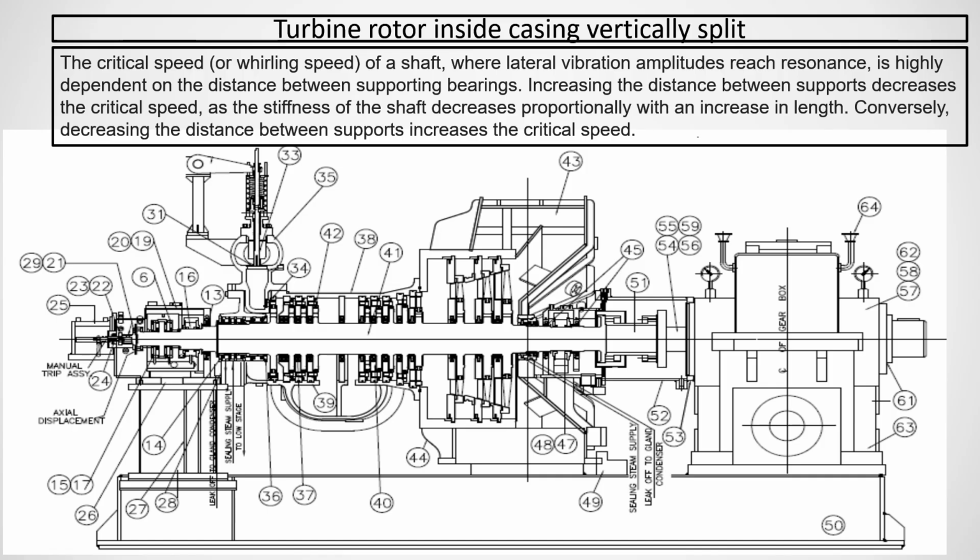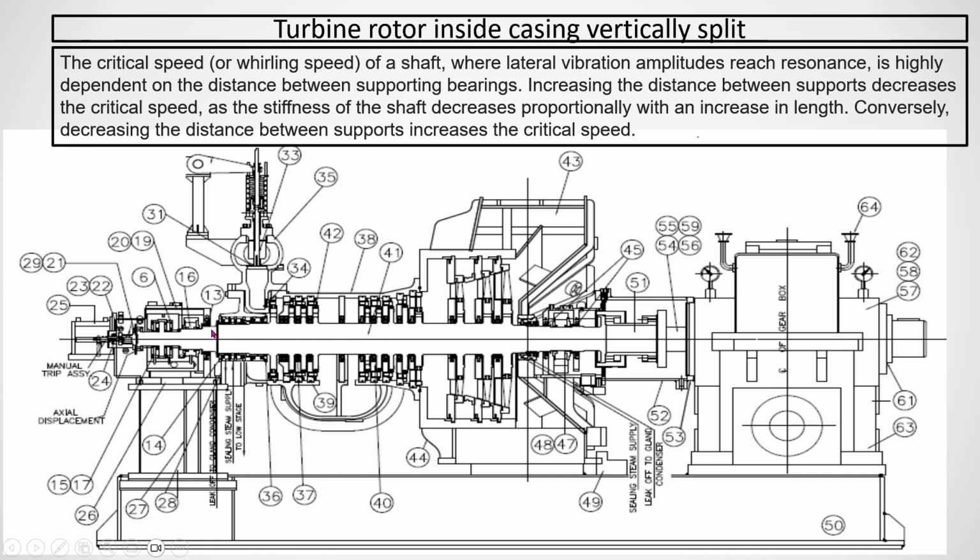Then you can see the rotor's critical speed depends on the length of the supporting bearings. That's why this is conical inside. You see, the exhaust hood casing is conical inside, because we want to bring the two supports close to each other, so the critical speed range will be on the higher side.